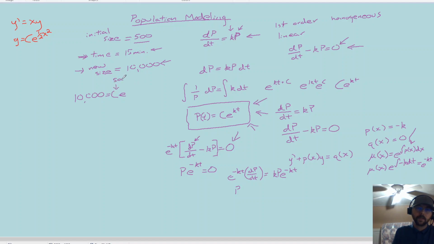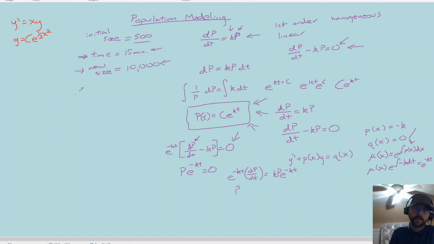Let me go back a step. P of t at time 0, which doesn't have to be given, we know that. Well, actually, we were given that the initial size is 500. At time 0, we have 500.